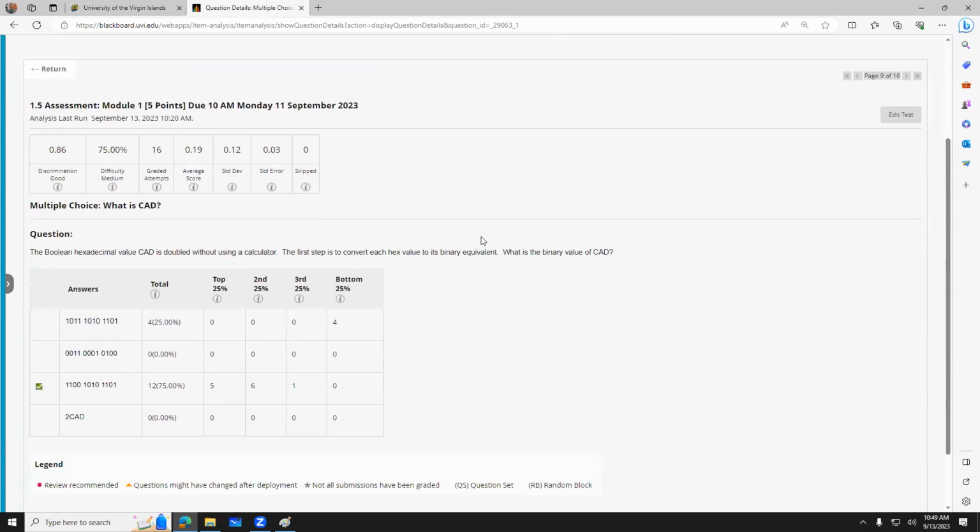Okay, multiple choice. The Boolean hexadecimal value CAD is doubled without using a calculator. The first step is to convert each hex value to its binary equivalent. What is the binary value of CAD? Well, C is what on the table? 12. See, it's asking you to read from the table.